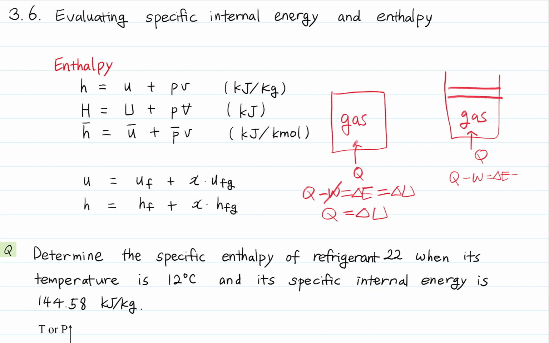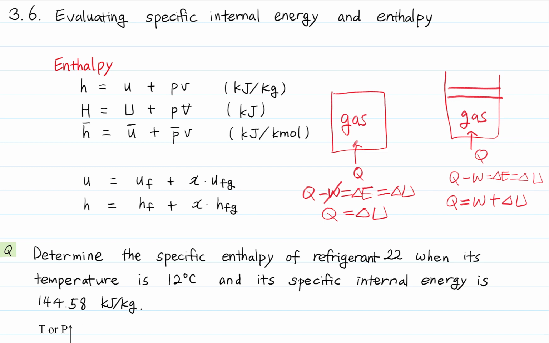So delta E equals delta U. But W, work, is not zero. The work is done to push the piston against the atmospheric pressure. So Q equals W plus delta U. The internal energy of the gas increases and the work is done by the gas as the volume increases.